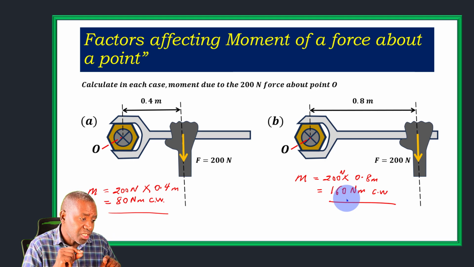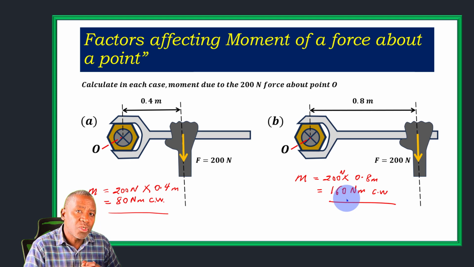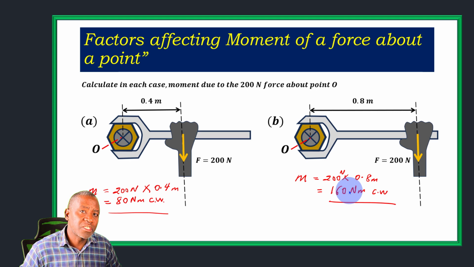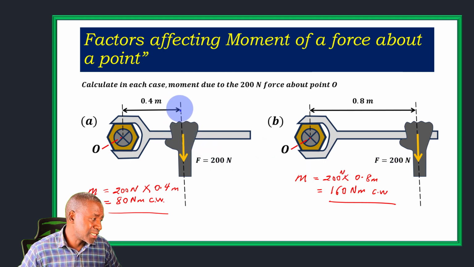Because 160 Newton meters and 80 Newton meters, this is the magnitude of the moment. Clockwise is just a direction. So which factor has increased the moment of this force? Observe that the amount of force that I'm using remains the same, 200 newtons, 200 newtons. But here the distance is smaller and here the distance is doubled.